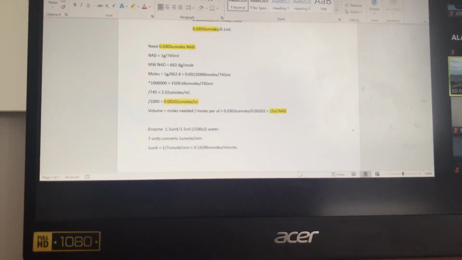If we know how many micromoles per minute 1 unit can convert, then 1.1 unit must be 1.1 times more.